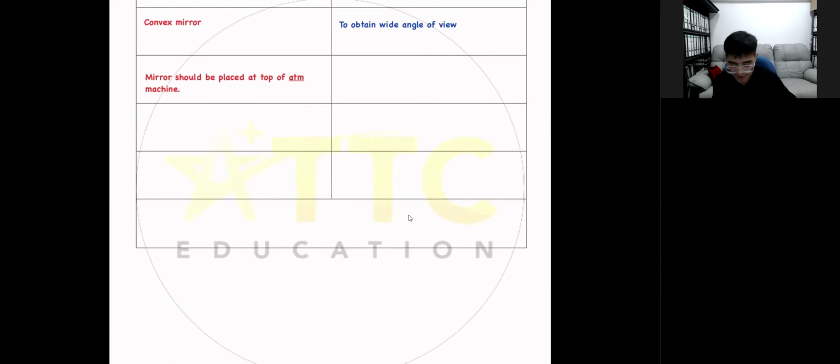It's because, like I said, if you put it on top, then where's my text box? Why no text box one? Oh no, my iPad is lag again. Okay, but can you guys help me to write? Place on top of the ATM machine. Why? Because it will reduce the obstructions of the obstacles. Okay.